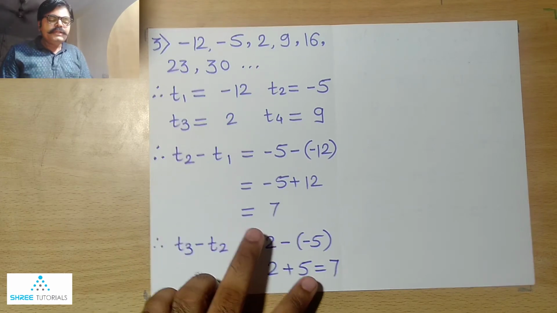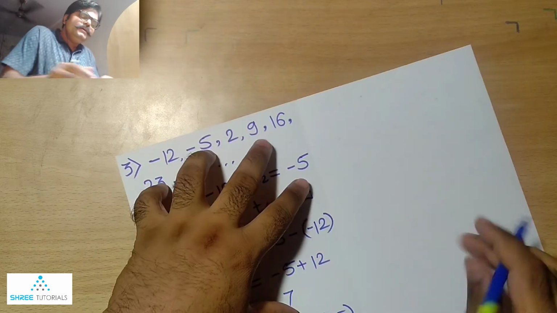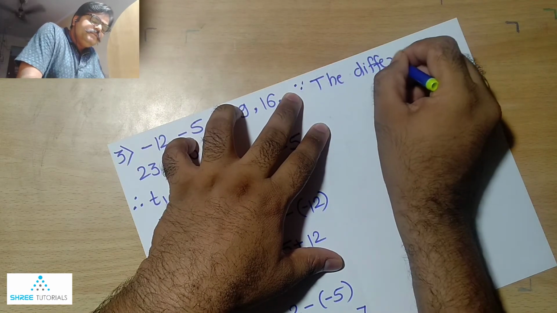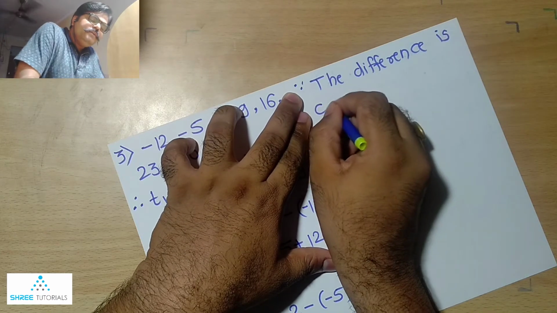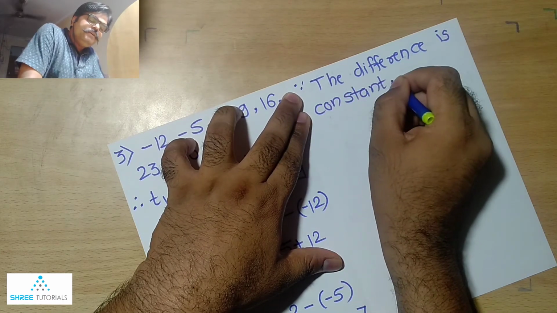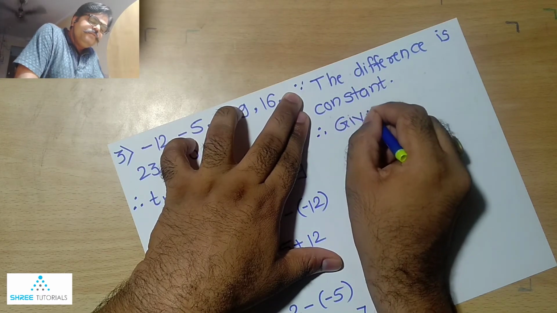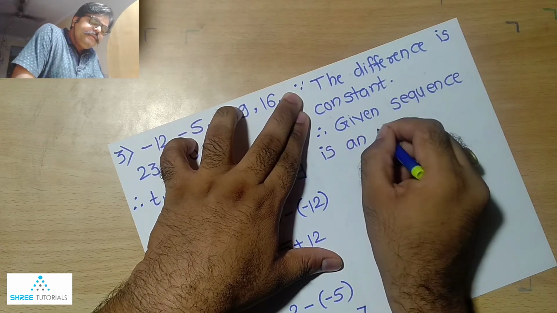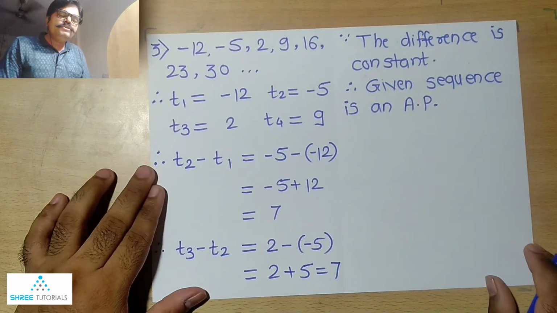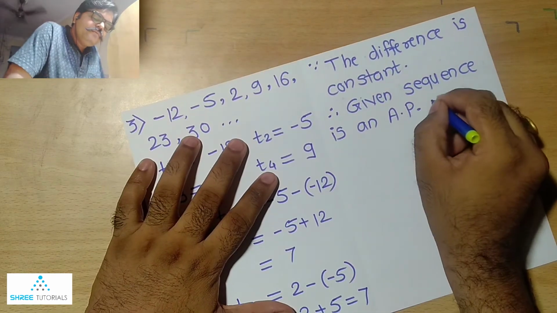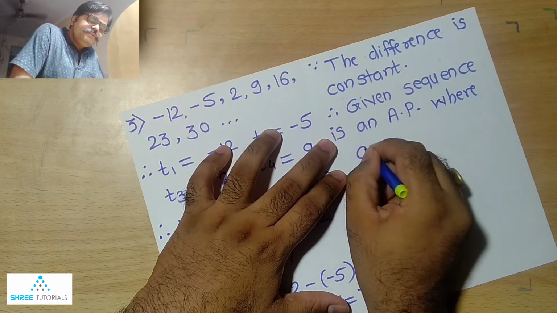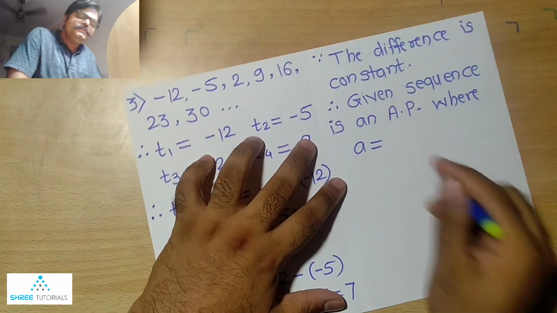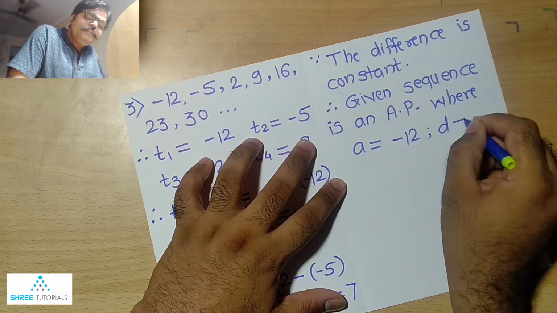Now please note, both times the differences are the same, and since the difference is constant, therefore the given sequence is an AP, where small a, that means the first term of the sequence, is minus 12, and small d, that means the common difference.